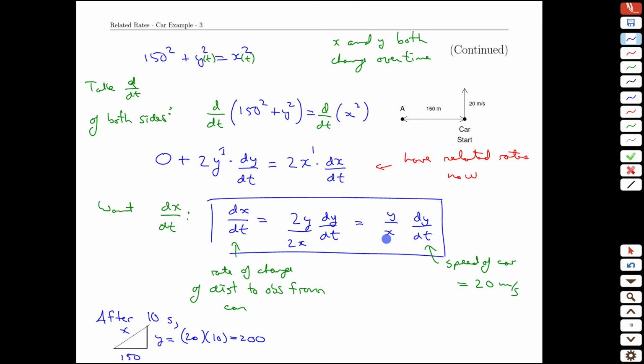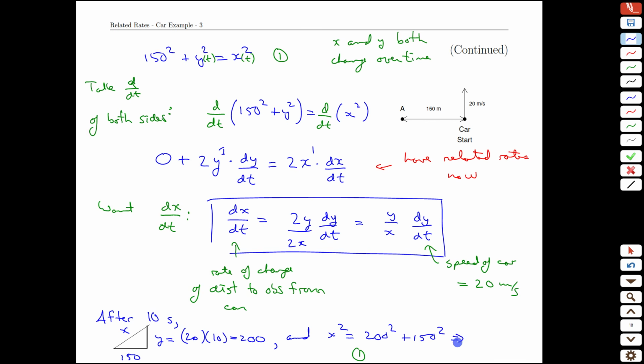That gives us the y in our formula. We do need to solve for x, but that's not too bad either, because we have our relationship at the top that x squared is equal to y squared plus 150 squared. And so we get x squared is 200 squared plus 150 squared. Let's call that 1.